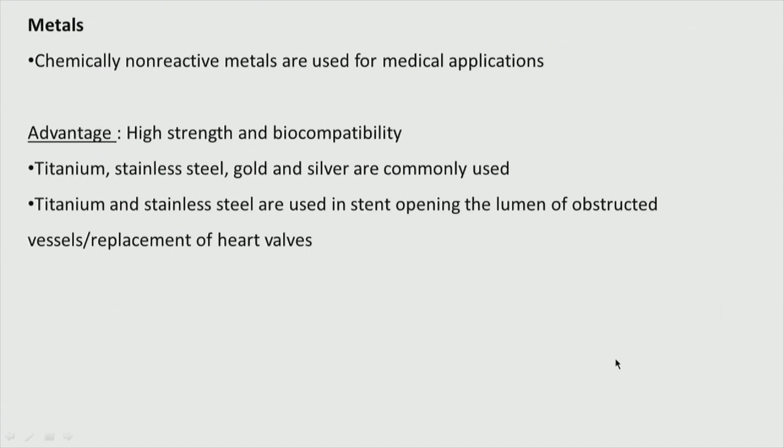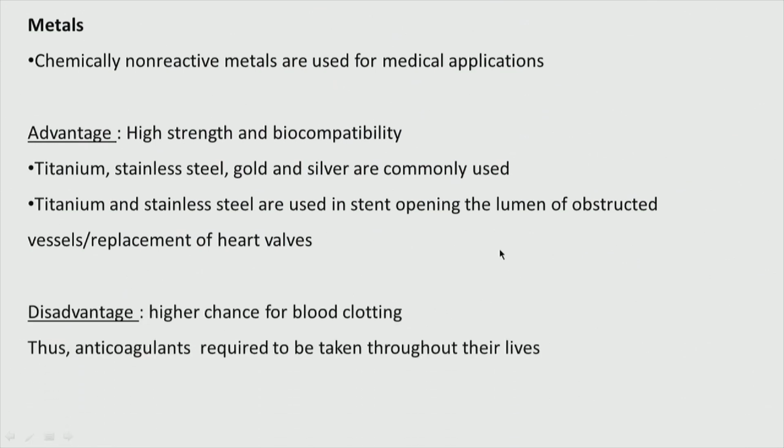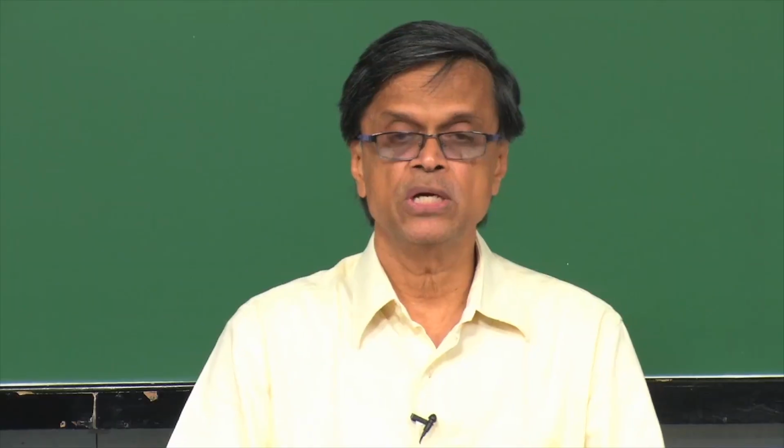Metals of course are non-reactive, so good strength and biocompatibility: titanium, stainless steel, gold, silver, used quite a lot in lead wires. Of course, disadvantages, there could be blood clotting. So, they have to be coated with some anticoagulant material, or the patients have to take medication lifelong to prevent coagulation of the blood. That is a problem with metals.